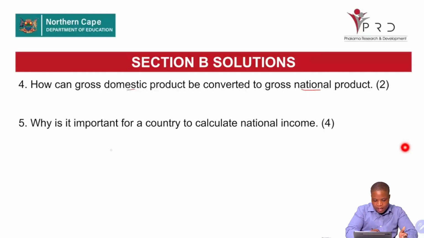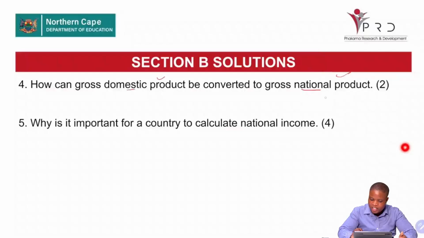Doesn't matter, having a teacher from Zimbabwe in South Africa, the income is going to be calculated in our GDP. Having McDonald's operating in South Africa, the income and the production is going to be calculated within our GDP. For us to get the GNP, we need to minus the income of the teacher from Zimbabwe. We need to minus the income of a company from abroad, a business, and we need to go fetch ours.